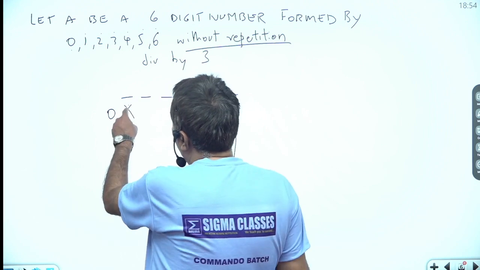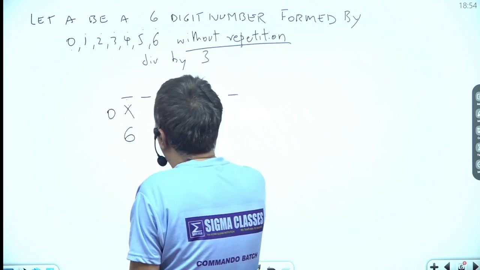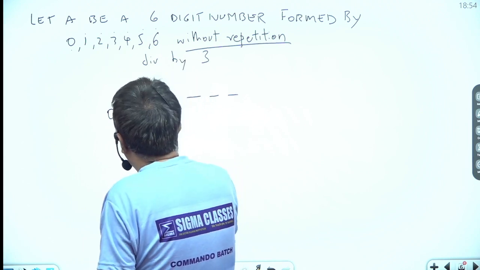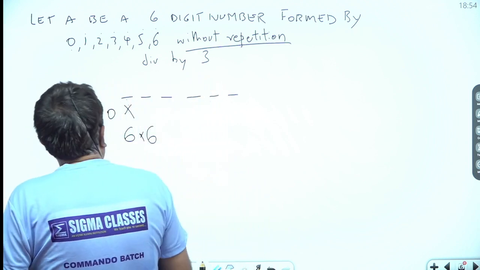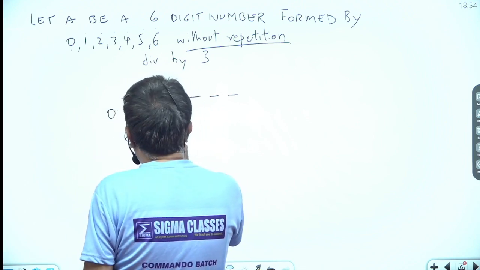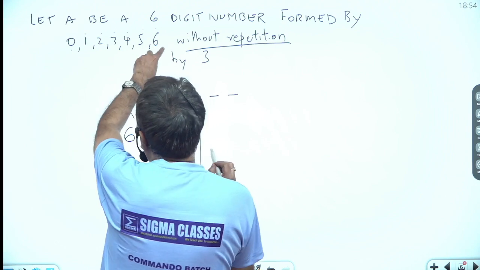So whatever number has come here cannot come here. So of the 7 numbers, you have again 6 options. The third place can have 5, because 2 numbers have already gone.